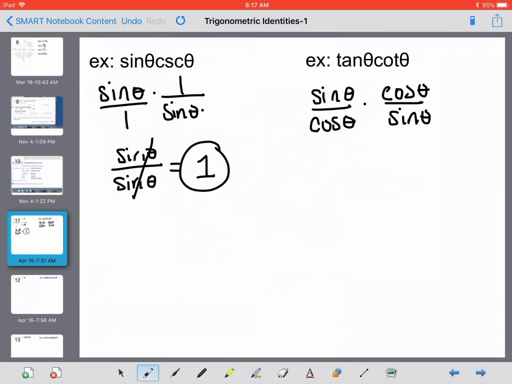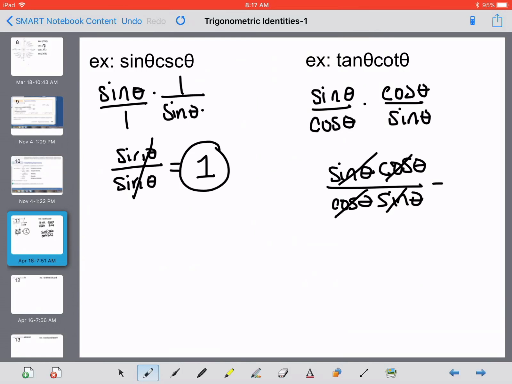If you multiply across, sine theta cosine theta on top, and on bottom cosine theta sine theta. I notice I've got a sine and a sine, a cosine and a cosine, all canceled out, and we have our answer to be 1.